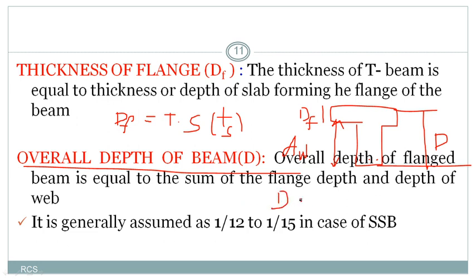This Df plus Dw. Dw is the depth of web portion, which will give me the overall depth, and is generally assumed as span by 12 to span by 15 in case of simply supported beam, right?